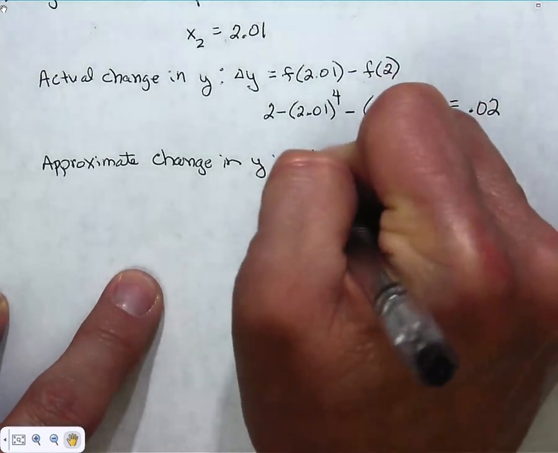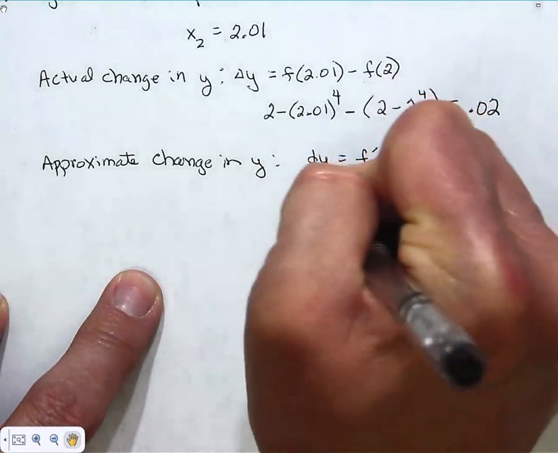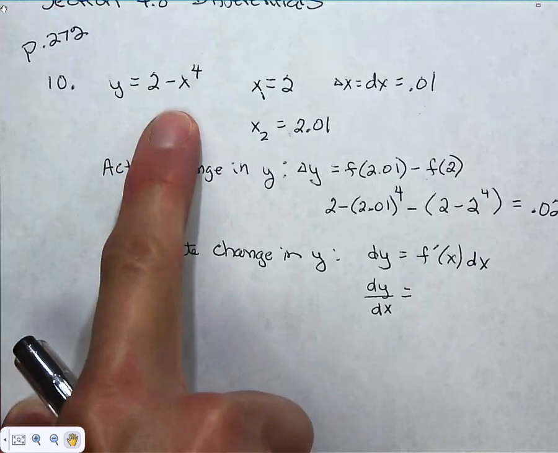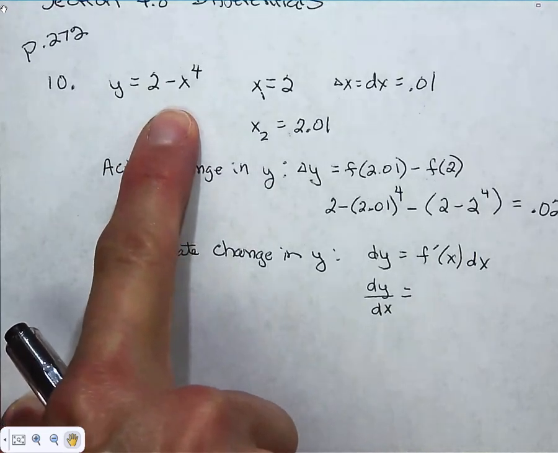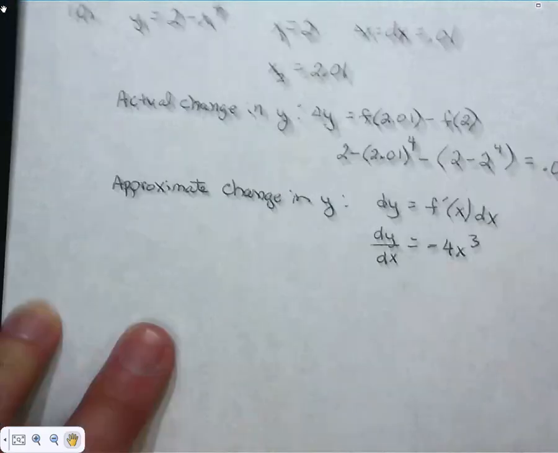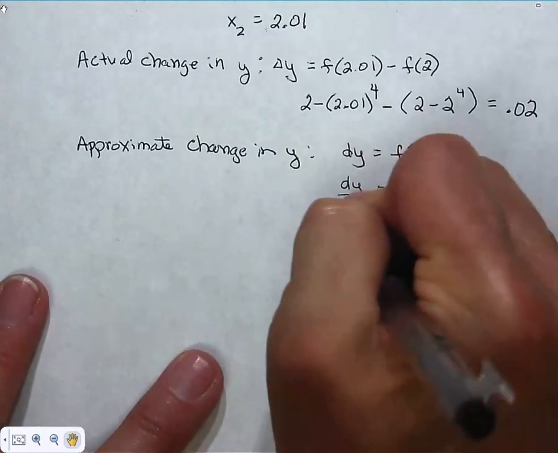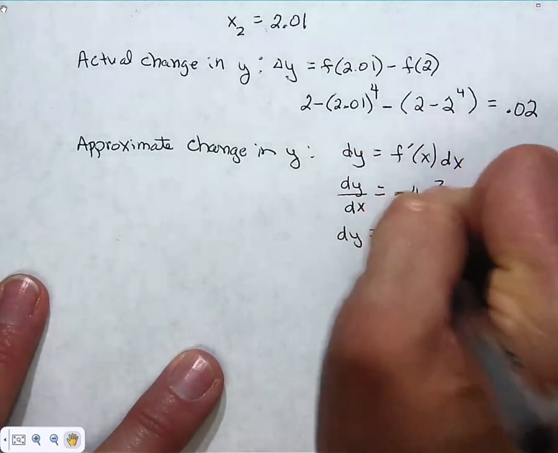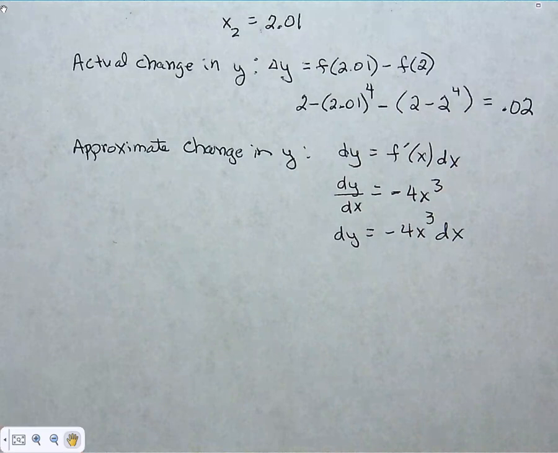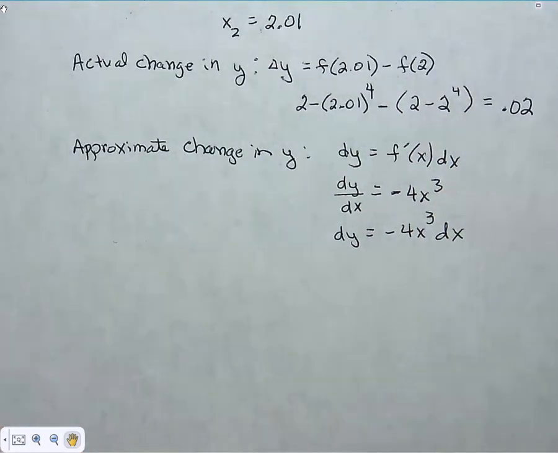And again, if I just take the derivative of that function, what is it? Negative 4x cubed. So the differential in y is negative 4x cubed dx. And dy is what we're looking for. This is a formula for finding it.